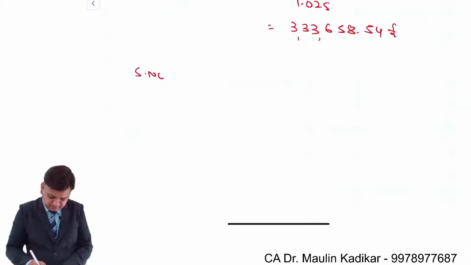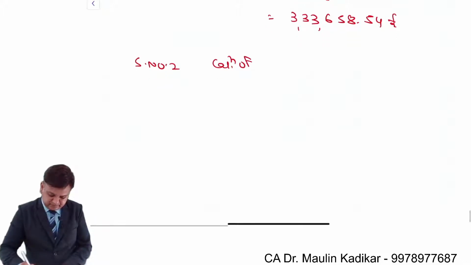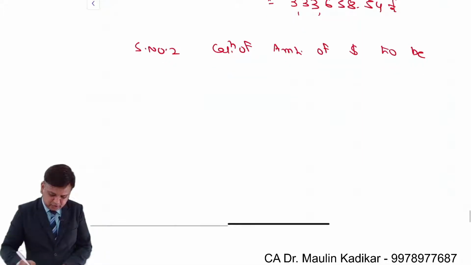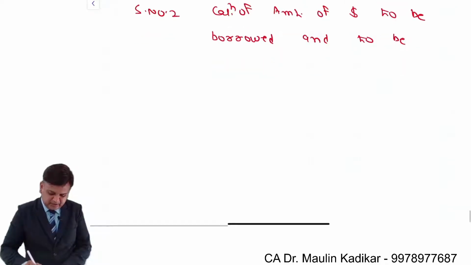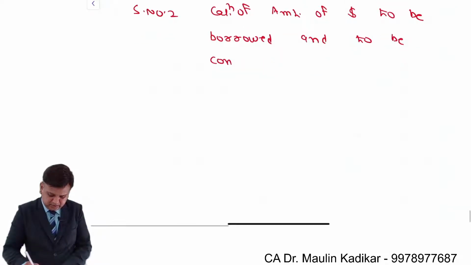Step number 2: calculation of the amount of dollar to be borrowed and to be converted into pound.